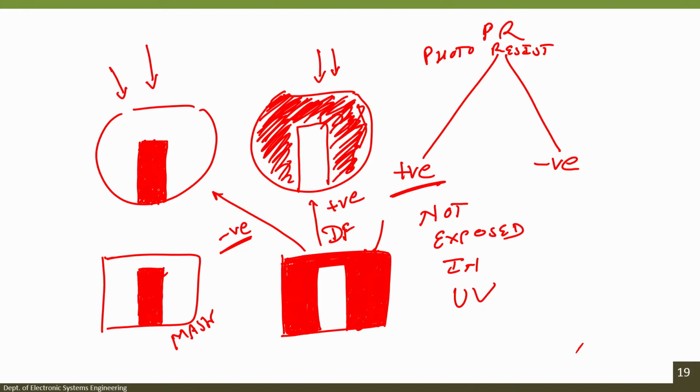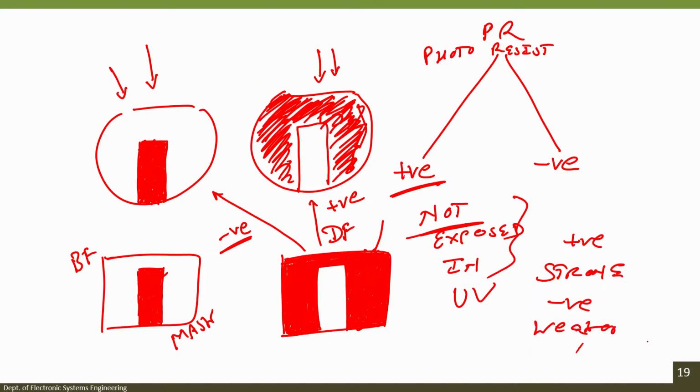You got it? So, bright field mask, dark field mask, positive photoresist, negative photoresist. In positive photoresist, the area that is not exposed will get stronger. In negative photoresist, the area which is not exposed will get weaker. Easy, right, extremely easy.